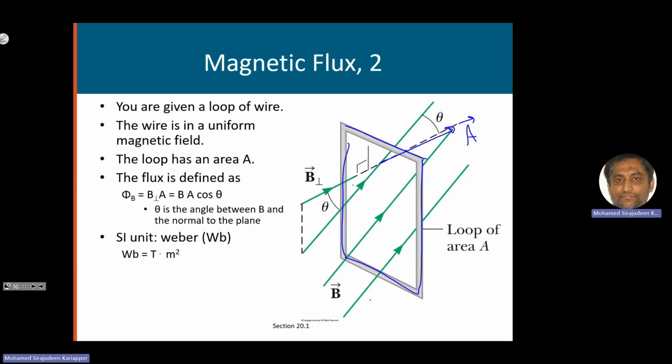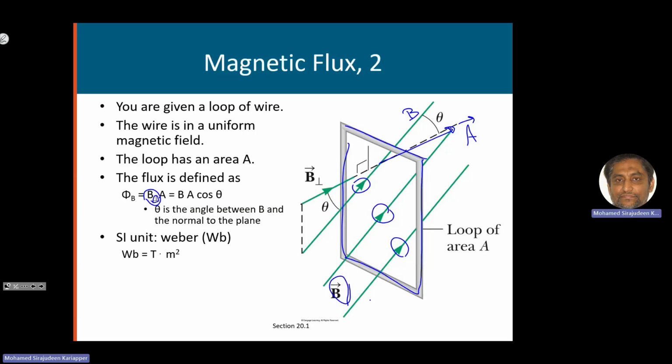Let's say this green arrow is the magnetic field direction. So we say that the flux is equal to the component of the magnetic field parallel to the area vector. Although it is a bit confusing, the area vector is perpendicular to the plane.